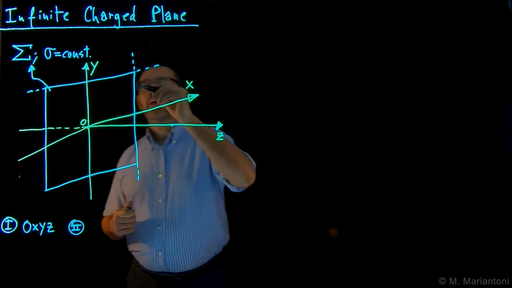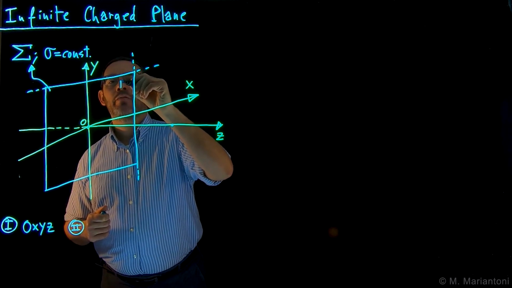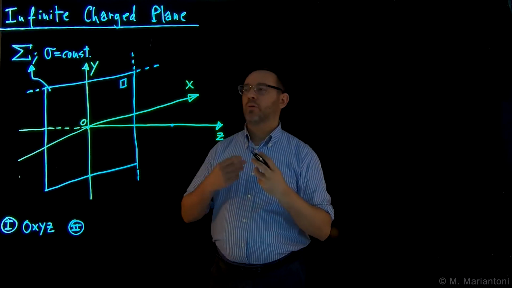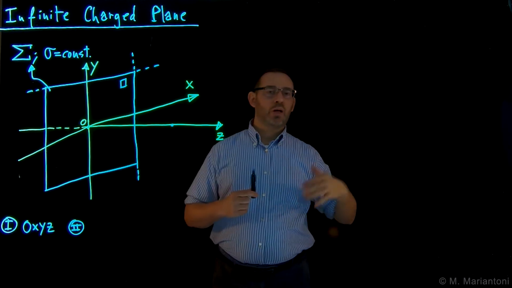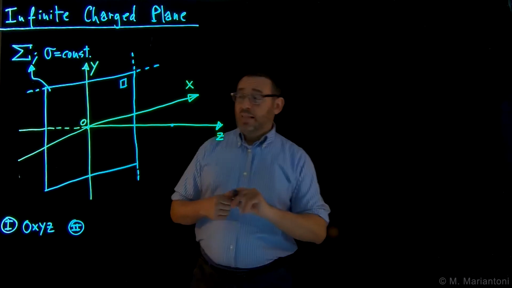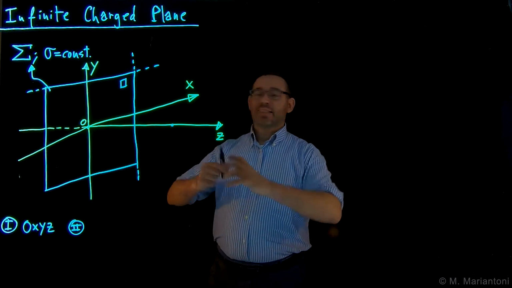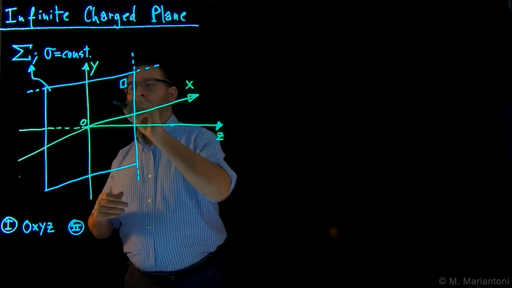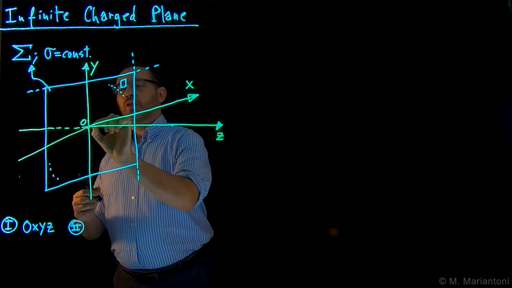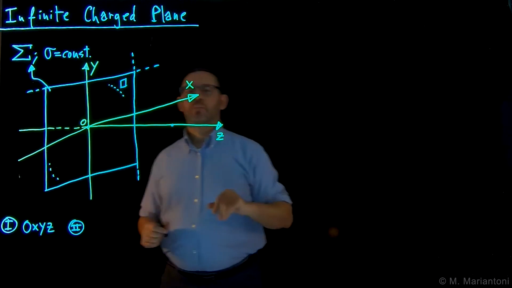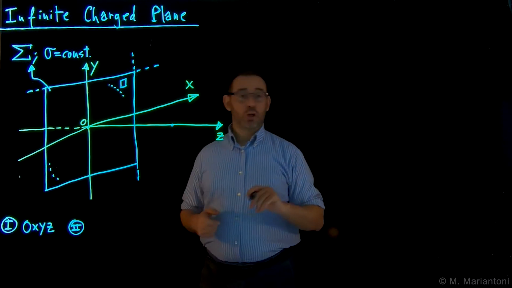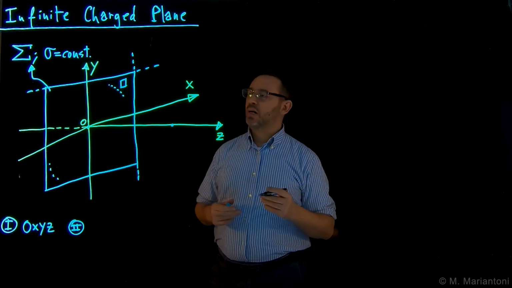One would be to use an infinitesimal square here with dimensions dx, dy as our infinitesimal charge element, and then use Coulomb's law and the superposition principle to find E at this point P. Alternatively, we could consider this as a disk of infinite radius, where the origin of the disk is in the center, and so it's a very large disk. We didn't solve the problem of the disk yet, so I will not follow that path, but we could, and we would obtain the same result.